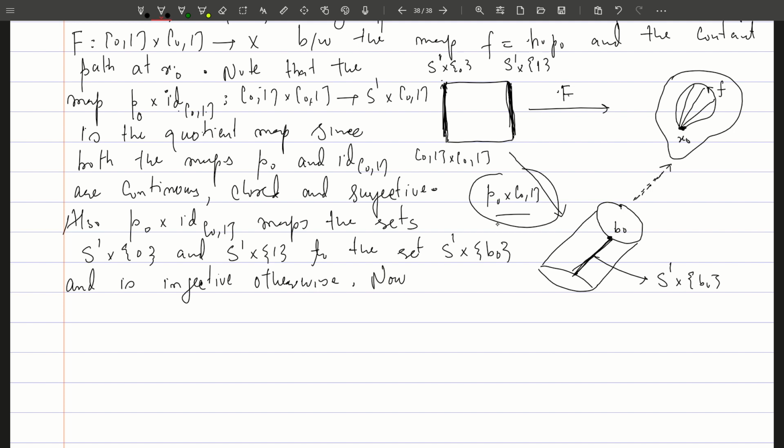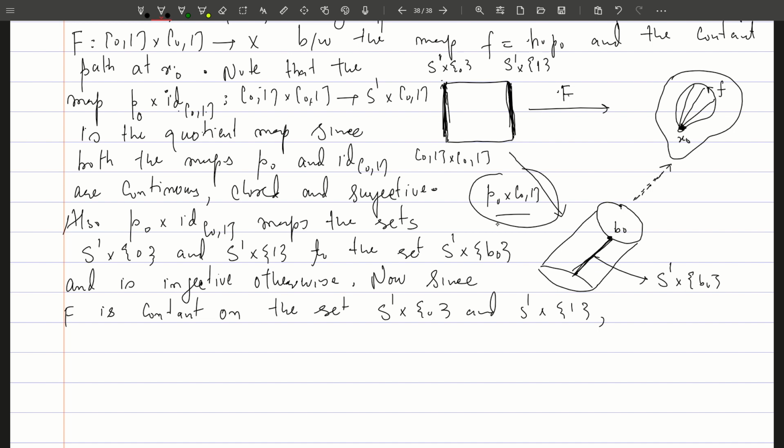Now since f is constant on the sets S1 cross 0 and S1 cross 1, because this f is a homotopy, these two lines are mapped to this point over here.